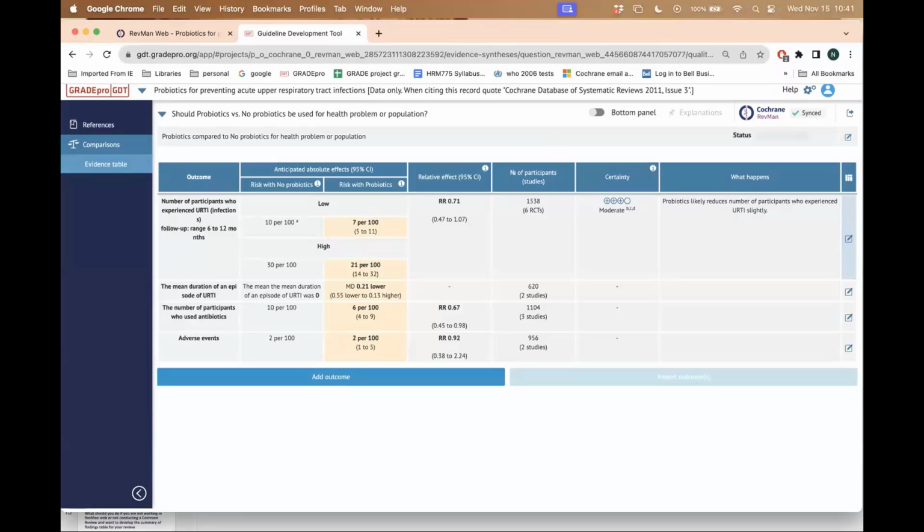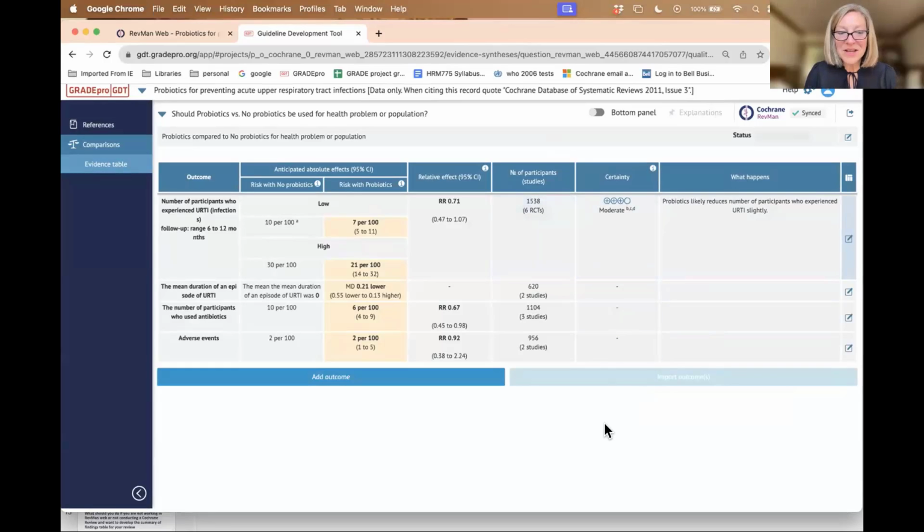We have questions and answers already provided in the chat by our shadow experts, and I'll come to these a bit later, but perhaps the question for you: is there a cutoff when looking at the I-square for choosing serious versus very serious for the certainty? Great question. I think in the Cochrane handbook, and correct me if I'm wrong, we used to have some cutoffs.